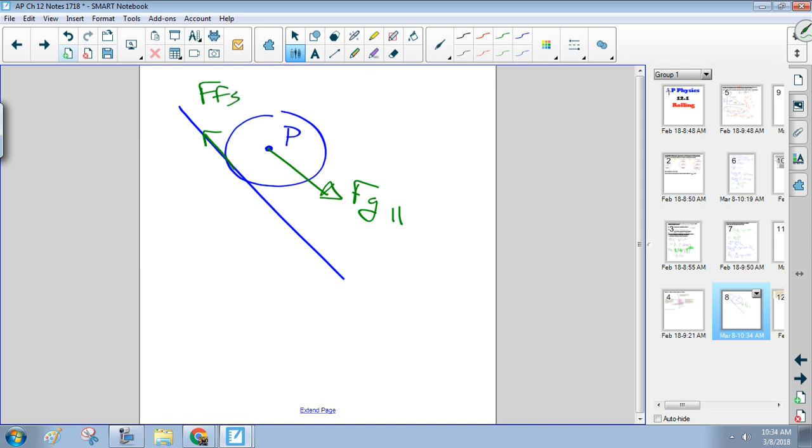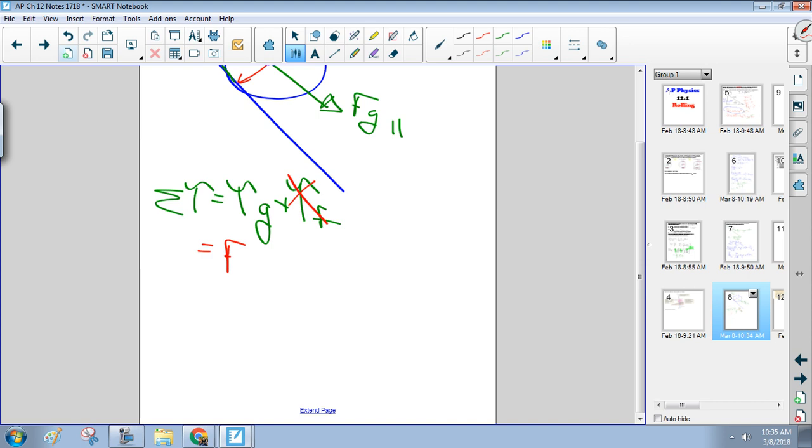Now, my net torque is the torque from gravity plus the torque from friction, right? So what's our torque from gravity going to be with this pivot point? 0. Torque from friction. Well, where is my lever arm? Isn't it just the radius? And notice it's perpendicular to the force, isn't it?